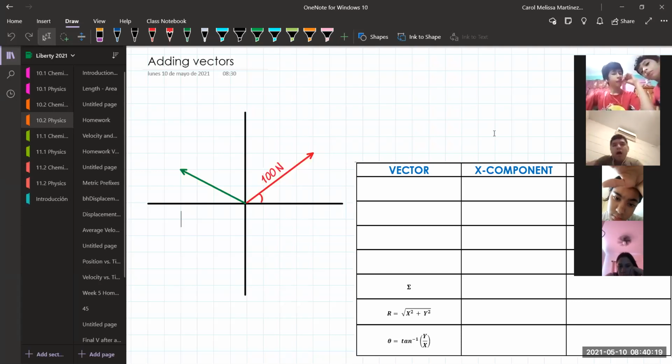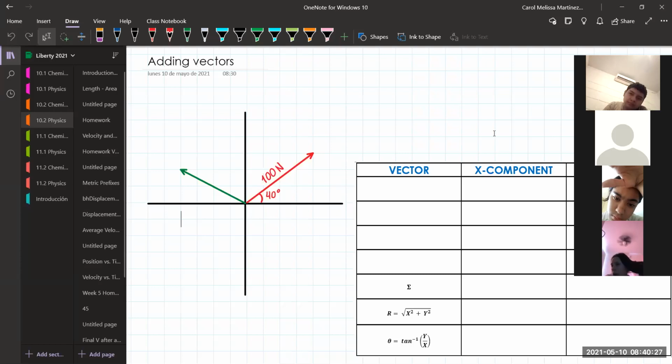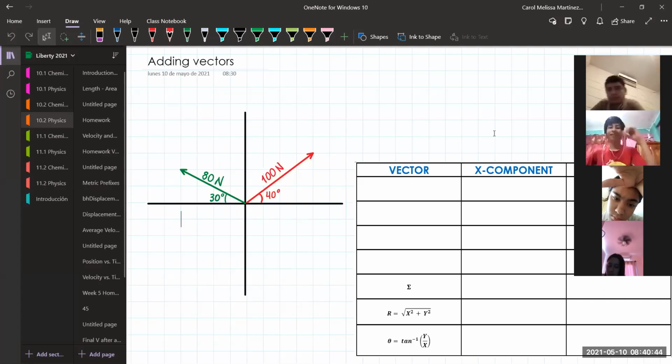This vector that is 100 Newton and has an angle of 40 degrees, and this other vector that has a value of 80 Newton and has an angle of 30 degrees. Okay. As you can see, those arrows are going in kind of opposite directions. One is going to the right, the other is going to the left, but both of them are going up.